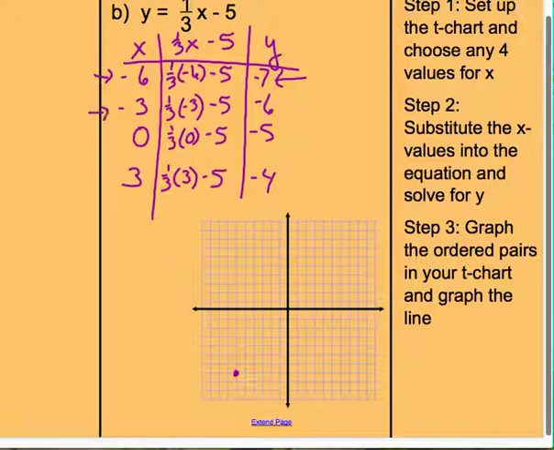Our second one is -3, -6. Zero, -5. And 3, -4. So then we've got our line here. With again, that rate of change between any 2 points on the graph as 1/3.